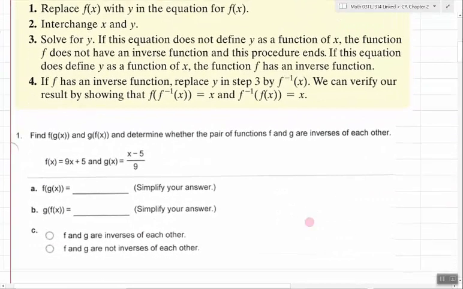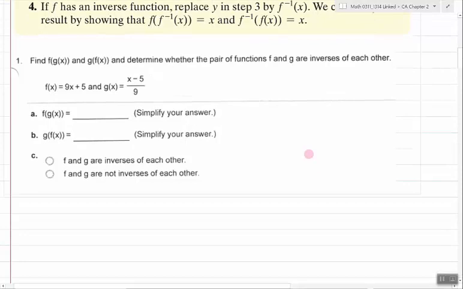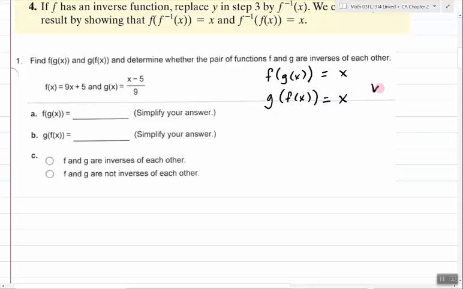Let's go ahead and start by proving that two functions are inverses. The process is you have to look at f of g of x. You also have to look at g of f of x. If each one of these is equal to x, then you have inverses.